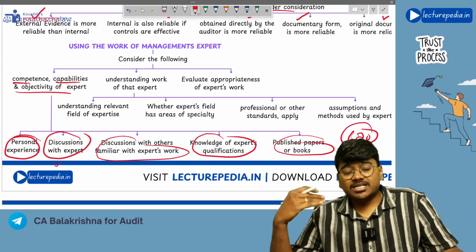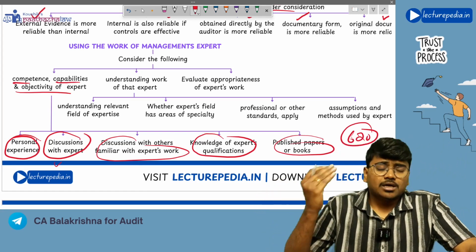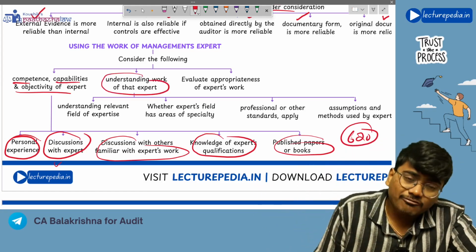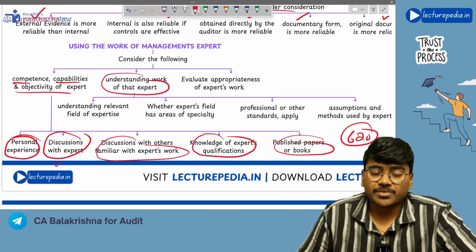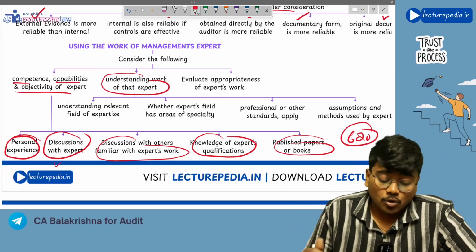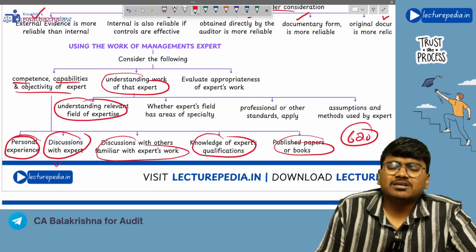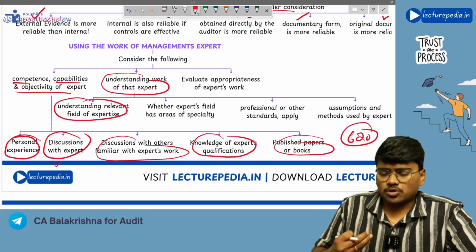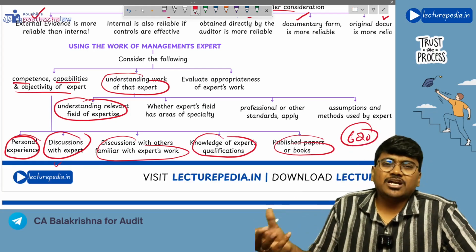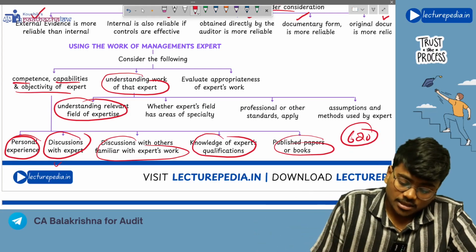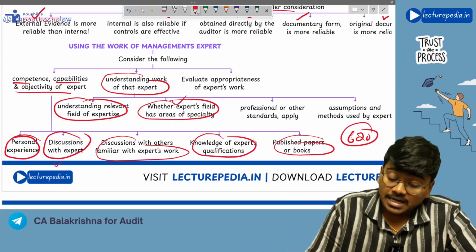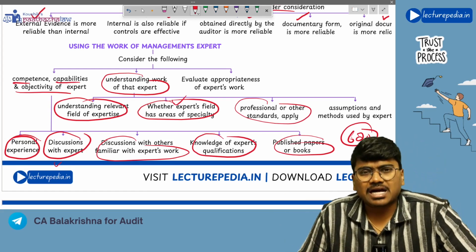Next, after knowing about the competence and capability of the expert, you will understand the work that the expert has performed. For that purpose, you will understand the relevant field of expertise. You yourself will make some studies about the field of the expert, and see whether the expert's field has any specialty areas, and whether professional or other standards apply.